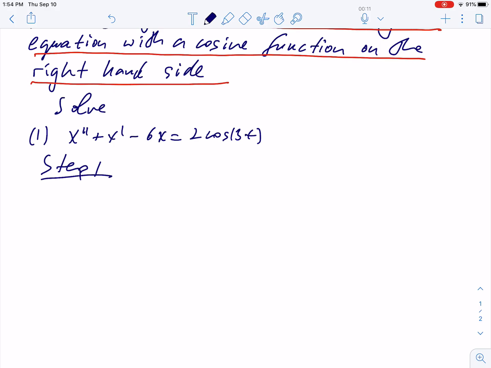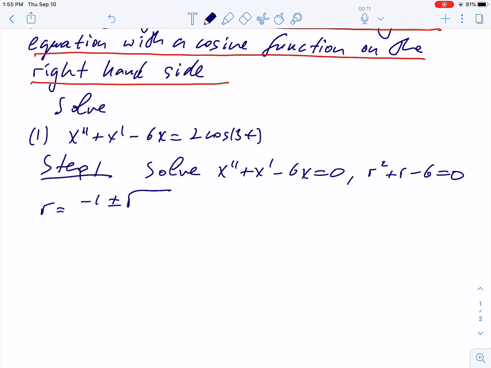Step 1 is solving the homogeneous equation. So we solve this homogeneous equation. The characteristic equation here is r squared plus r minus 6 equals 0. The quadratic formula gives -1 plus minus root 1 plus 24 over 2.